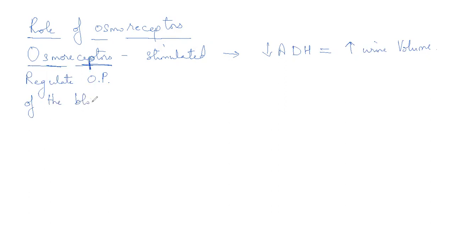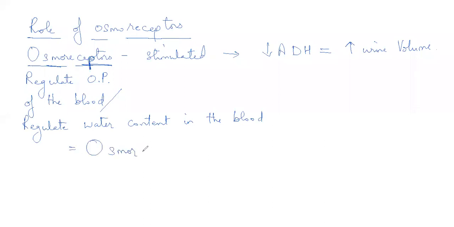Or in simple terms, they regulate the water content in the blood. This phenomenon is known as osmoregulation. This osmoregulation occurs in kidneys.